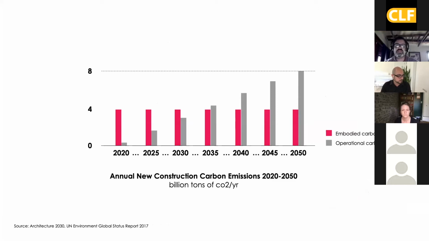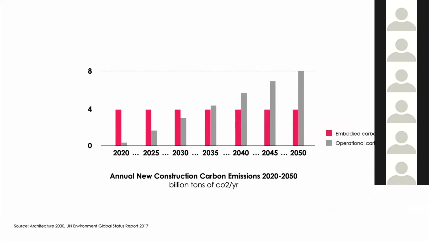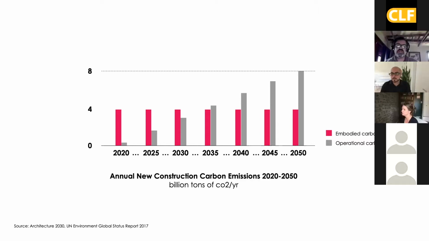This is important for a couple reasons. Most importantly, we have a limited amount of time to address the global climate crisis. We have targets in 2030 and 2040. So if we look at buildings that we're thinking about now for our clients, we have to recognize that even if operational carbon might be higher over their lifetime, embodied carbon right now is the most urgent.